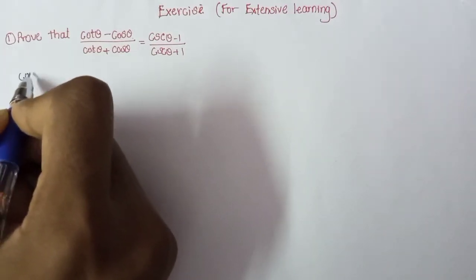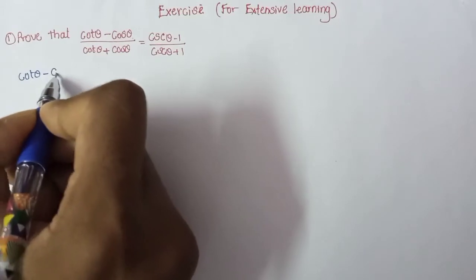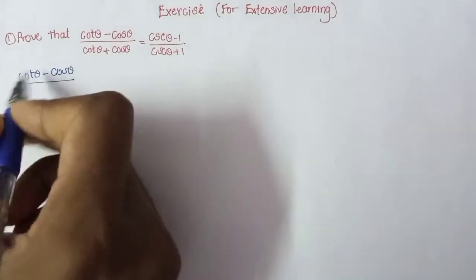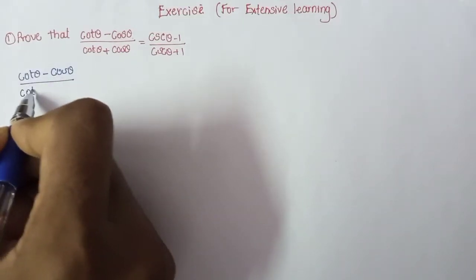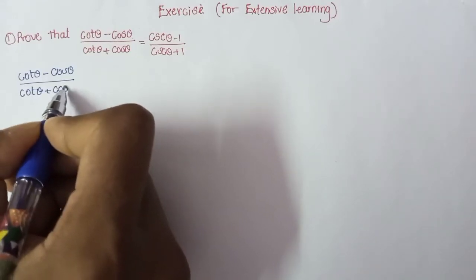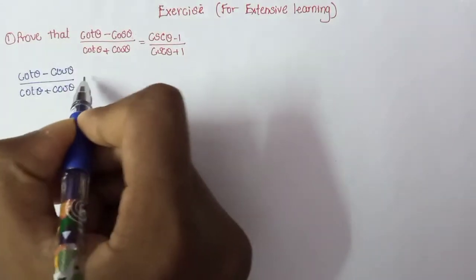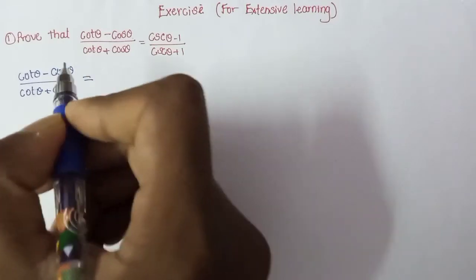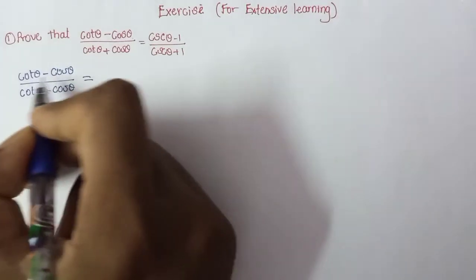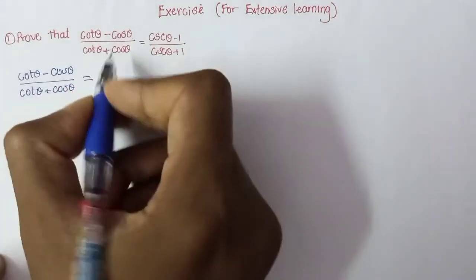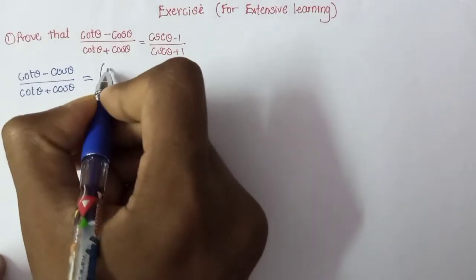First, given (cot theta minus cos theta) divided by (cot theta plus cos theta), which is equal to, what I want to do is divide this with cos theta in numerator and denominator.